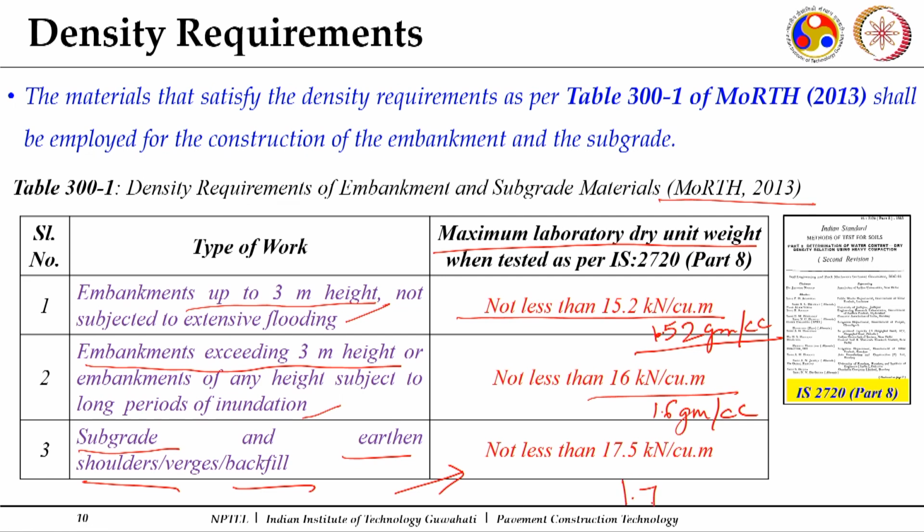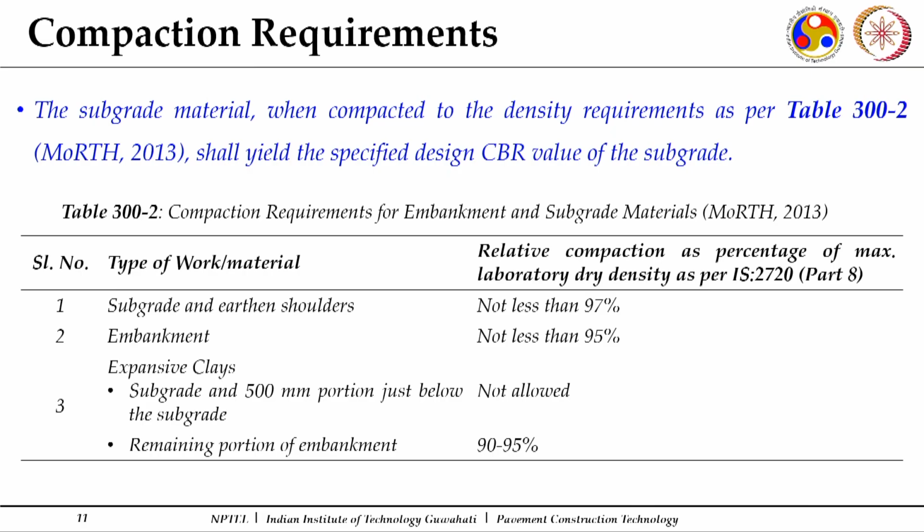So, once you have this relationship for the soil samples, you will come to know which kind of application it is suitable for, whether it is suitable for subgrade construction or earthen shoulders construction or not. This is another aspect you arrive at after the Proctor test measurements.